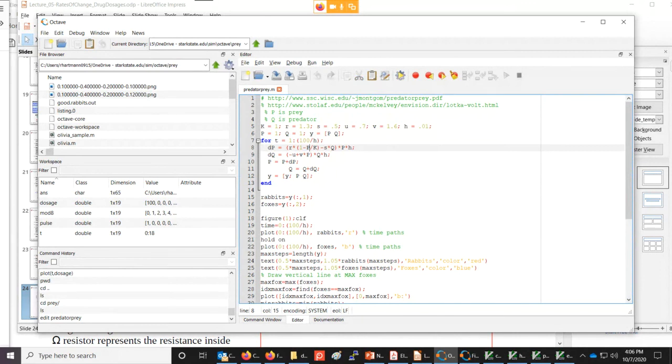And then you have this P times Q. P times Q is the interaction between the rabbits and the foxes. So if the fox is out there walking around all day and he never sees a rabbit, he doesn't have a chance to catch the rabbit for dinner, so he's going to starve that day. But when he sees the rabbit, rabbits are really fast and good at getting away.